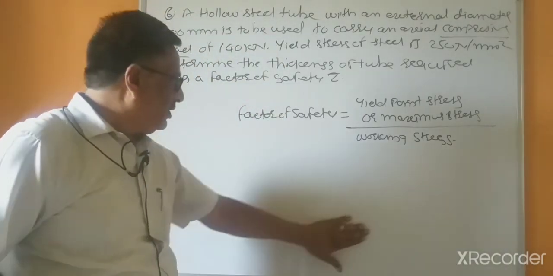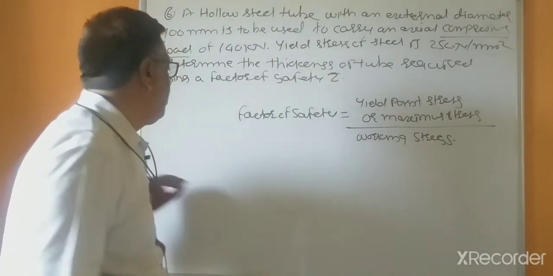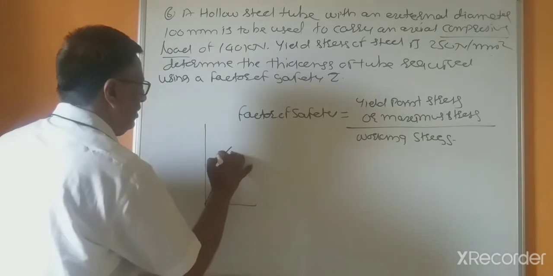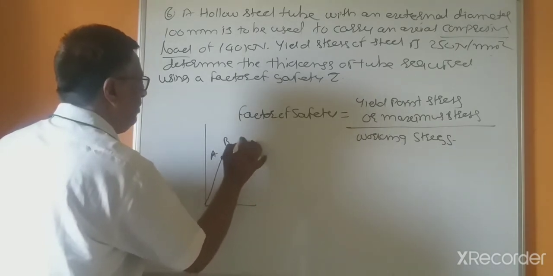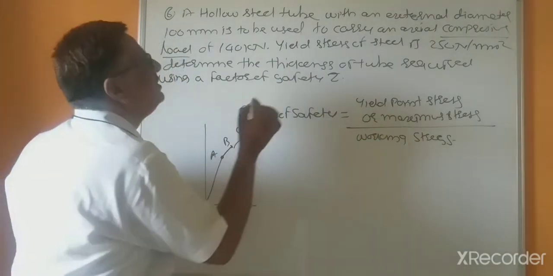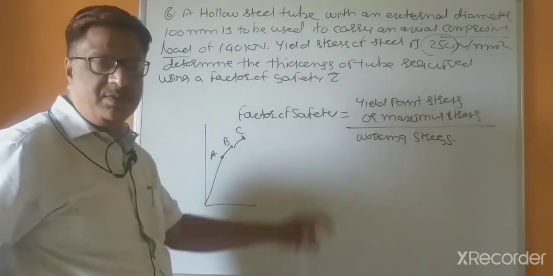Here we have to calculate the working stress. The yield point stress is at point C, with A, B and C being the points on the curve. The yield point stress is given as 250, but this is the maximum stress, and the factor of safety is given.